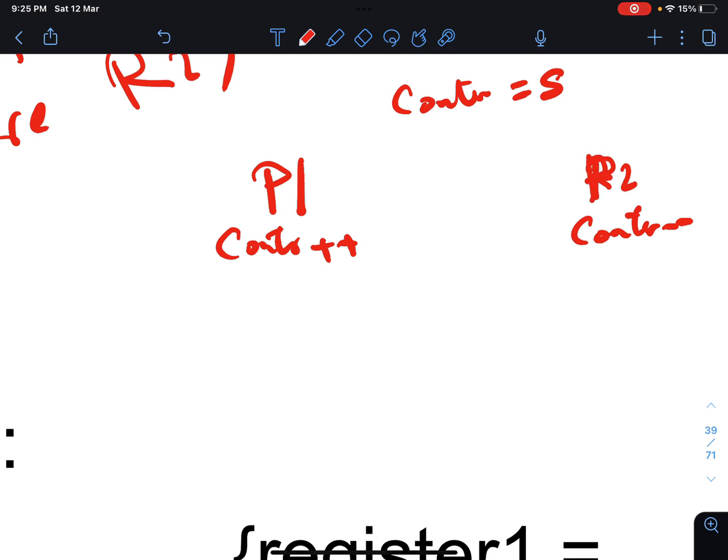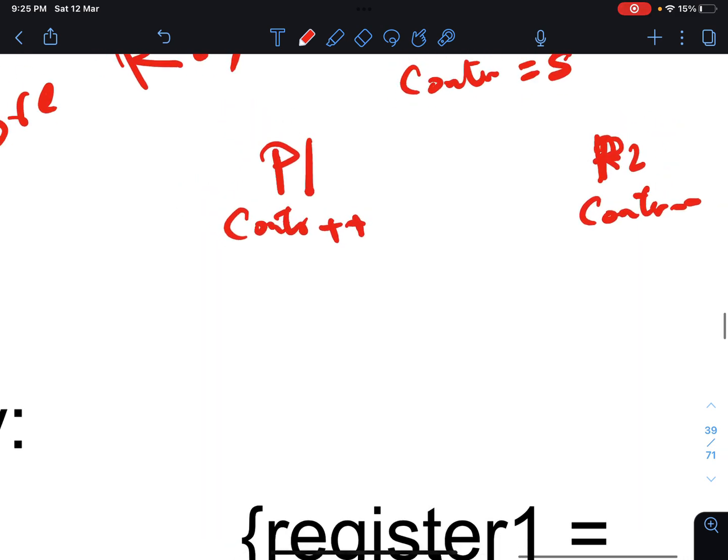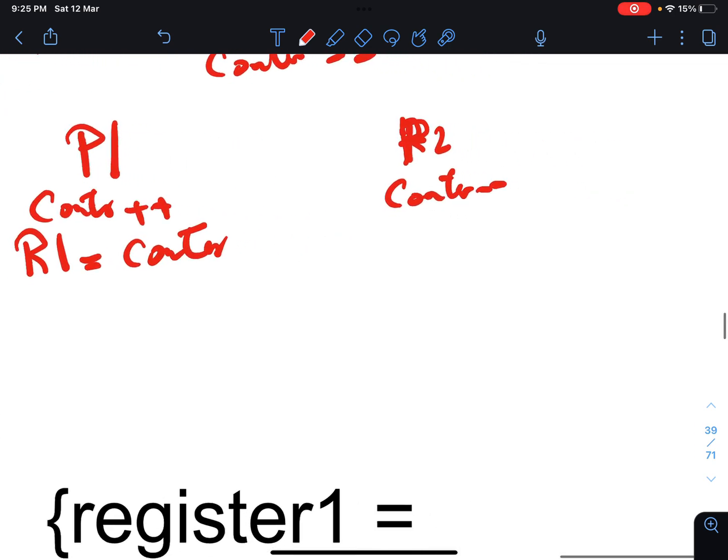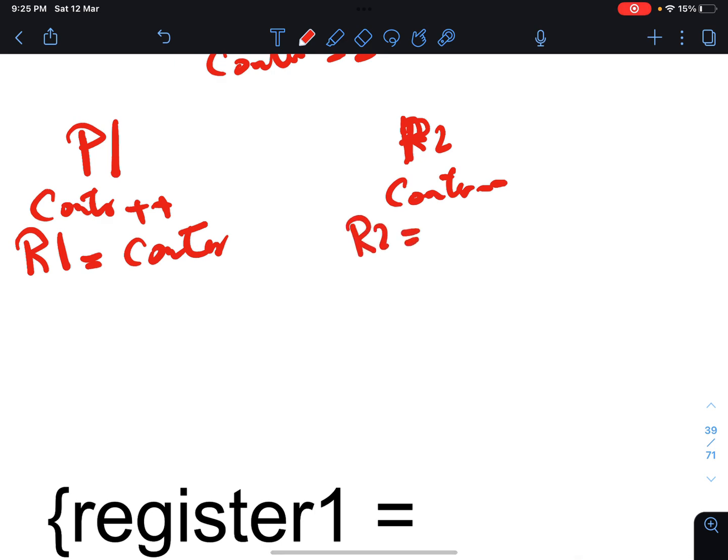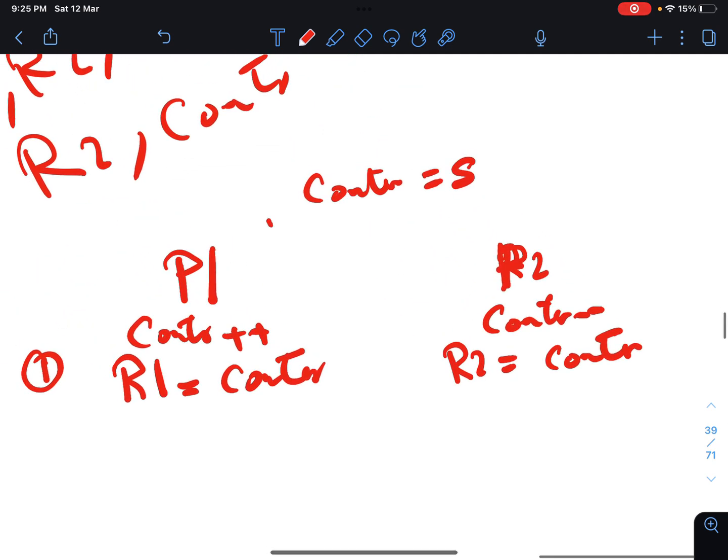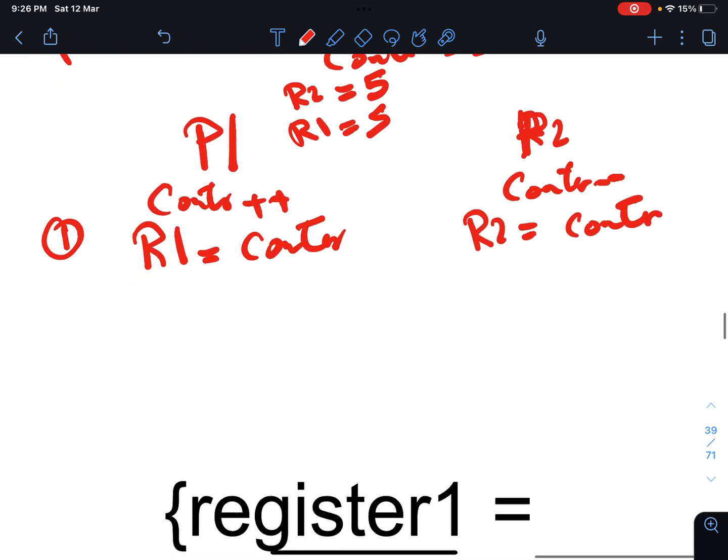And they are in the same step and working in parallel or concurrent. So step 1 here, register 1 equals counter. But in the exact same moment, here register 2 equals counter. So here register 2 is 5 and register 1 is also 5.